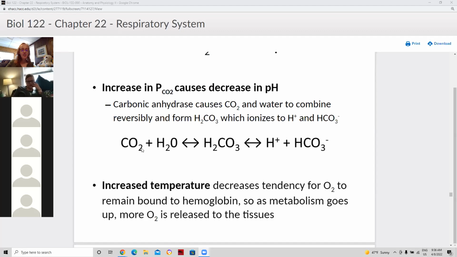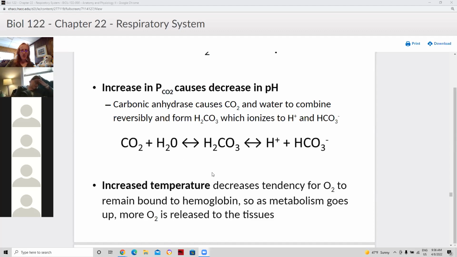Carbon dioxide plus water converts to carbonic acid.